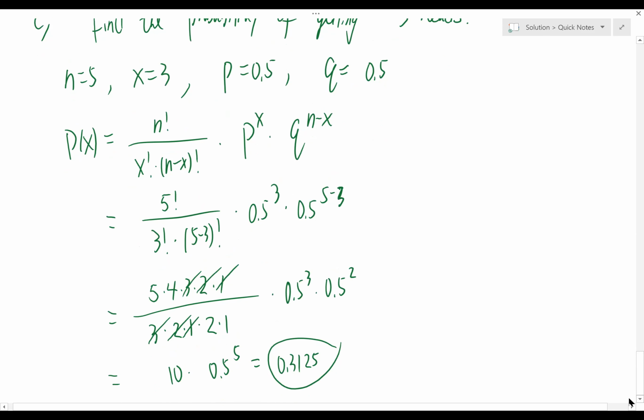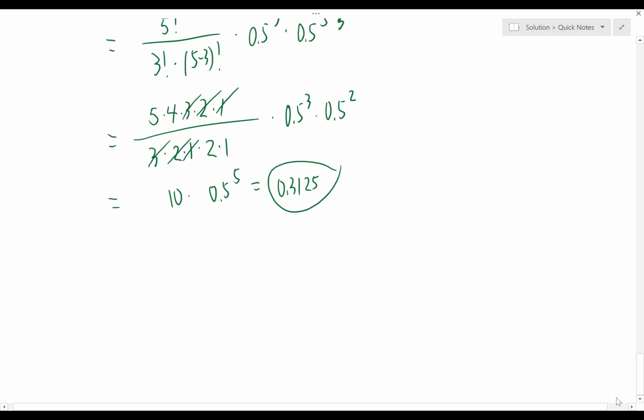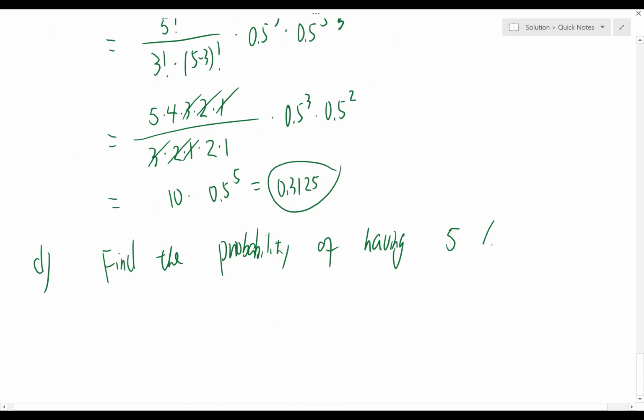Let's just look at another extreme case, right? Let's say you want to find the probability of getting exactly 5 heads, that is, the probability of having 5 heads out of 5 trials.